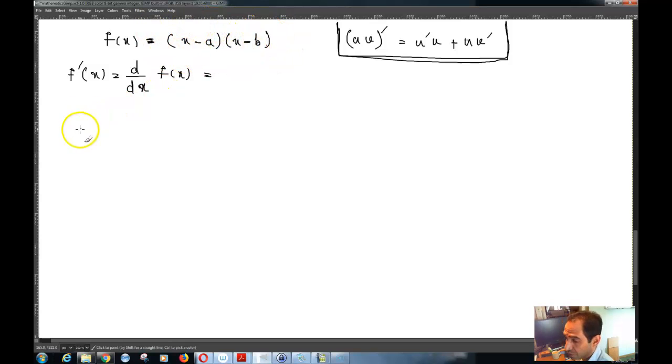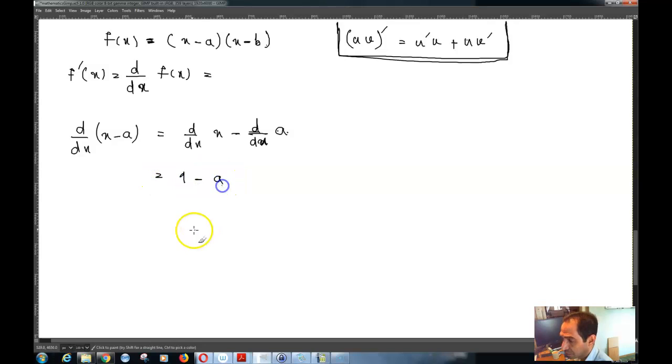So the derivative of the first function, d by dx of x minus a, is equal to d by dx of x minus d by dx of a, and that is equal to 1 minus 0, since d by dx of a is equal to 0. So this is equal to 1.